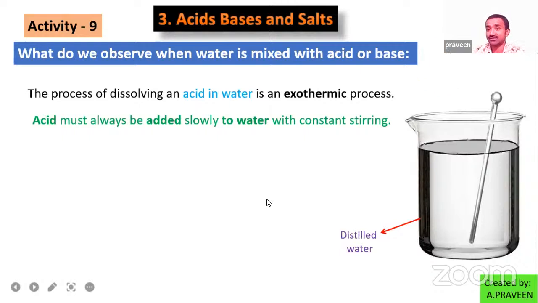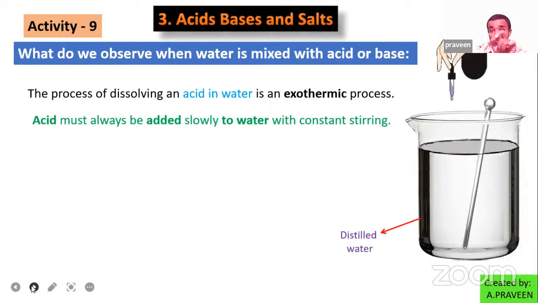Adding and stirring. Again, I'm showing you: dropwise adding acid into the distilled water and stirring continuously, constantly. Do not increase or decrease, do not change the speed of stirring either. Like this, you can continue.